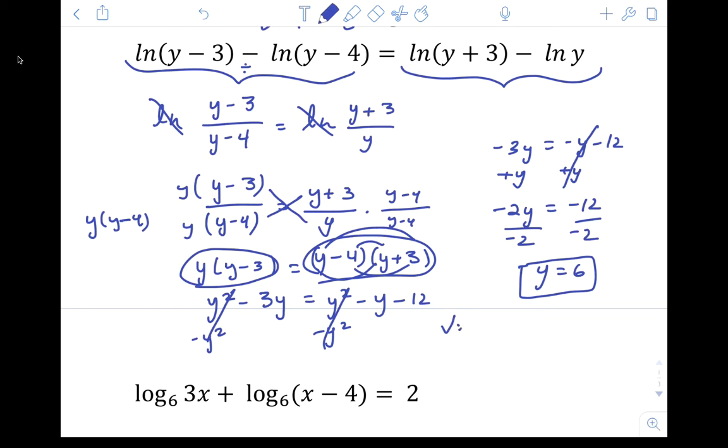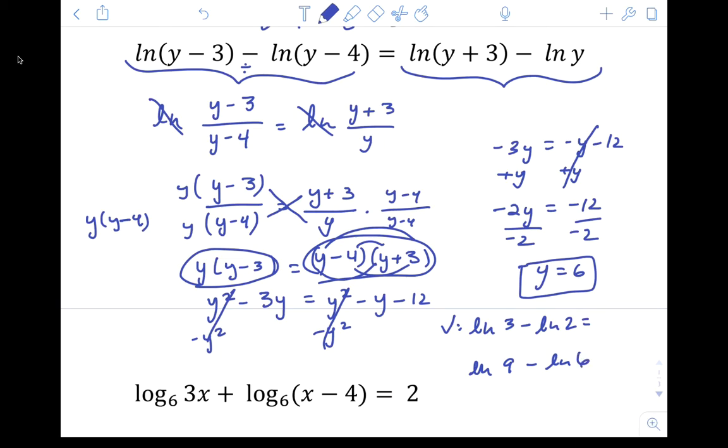When I check it, the natural log of y minus 3, so 6 minus 3 is 3, minus the natural log of 6 minus 4 is 2. That is supposed to equal the natural log of 6 plus 3 is 9, minus the natural log of 6. I'm sorry, it's 6. I'm checking.